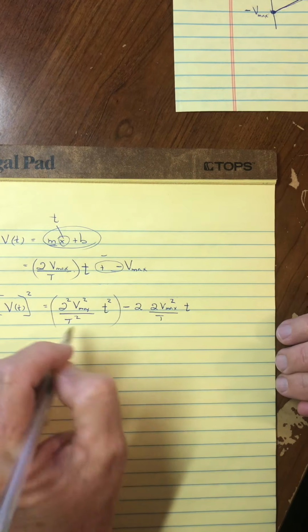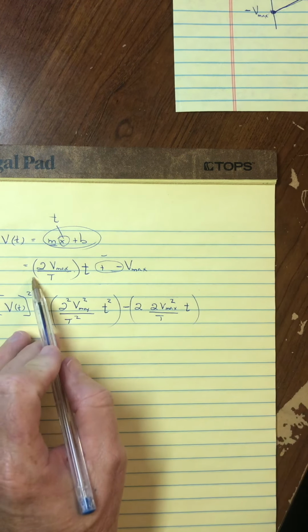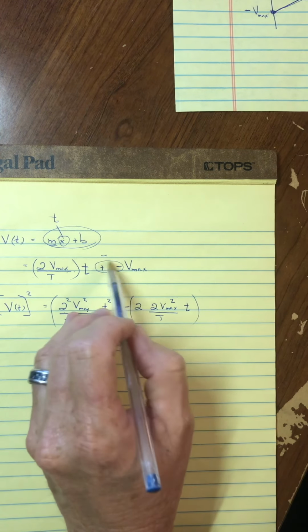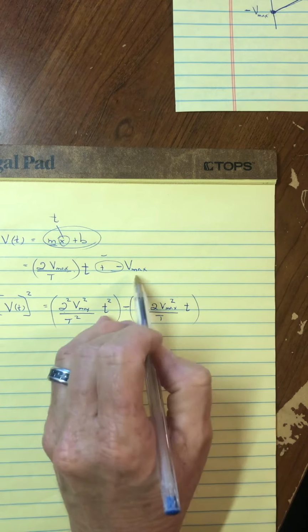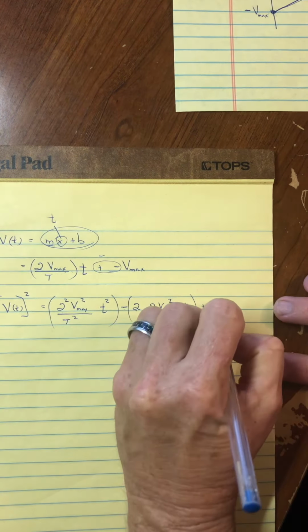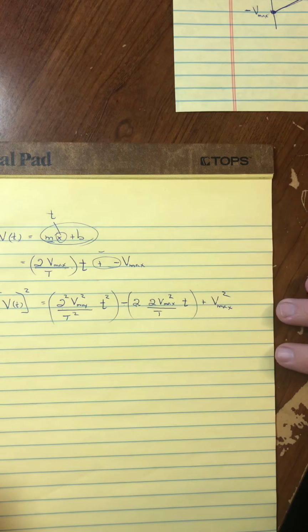So a squared. Let me just double check. The first term squared. Okay. Then minus, because there's a minus there, 2 times just a and b. And then plus b squared.